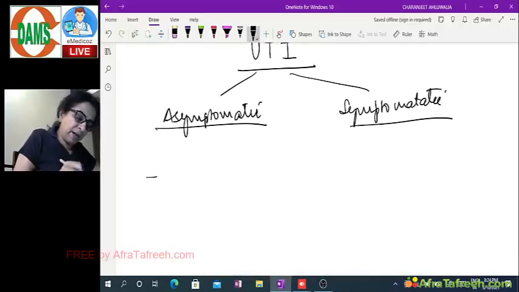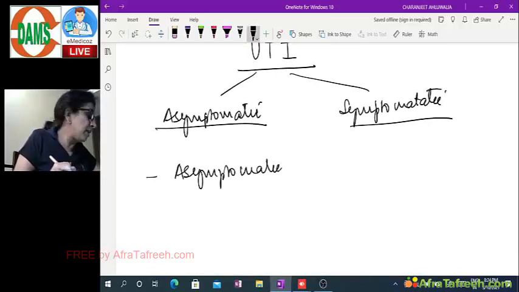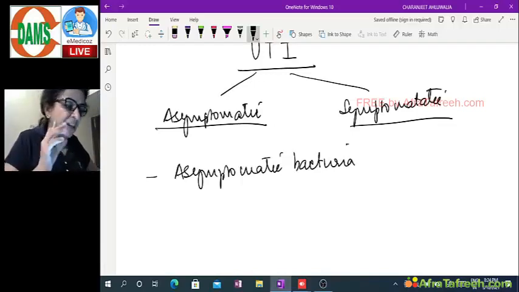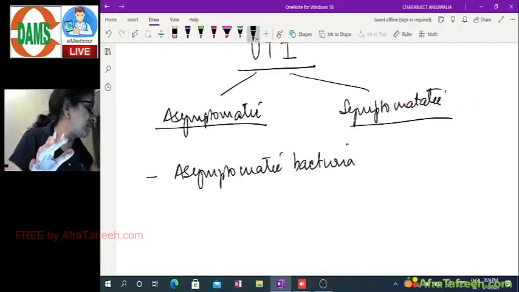It can be asymptomatic bacteriuria, where just bacteria are in the urine. There is infection in the urine, but the patient does not have any symptoms.